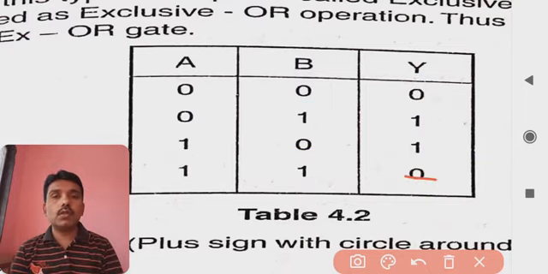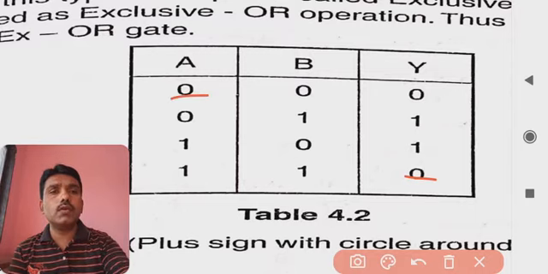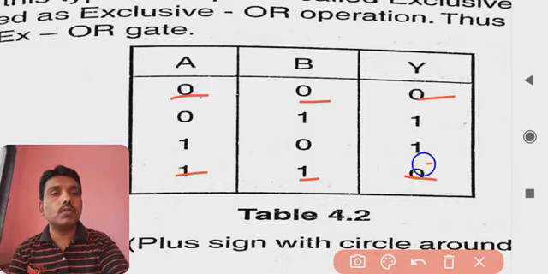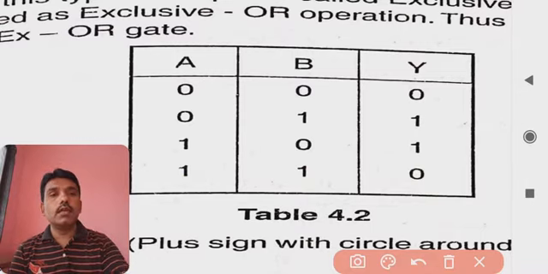So this is the basic difference between the OR gate and the exclusive OR gate. Due to this, the logic becomes that when all the inputs are the same, the output is 0. That means for 0 0 the output is 0, and for 1 1 the output is also 0. This is the condition and the truth table for the exclusive OR gate.